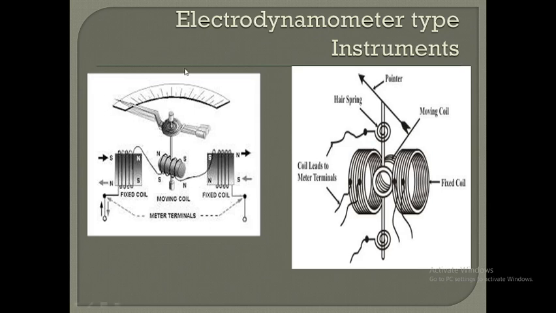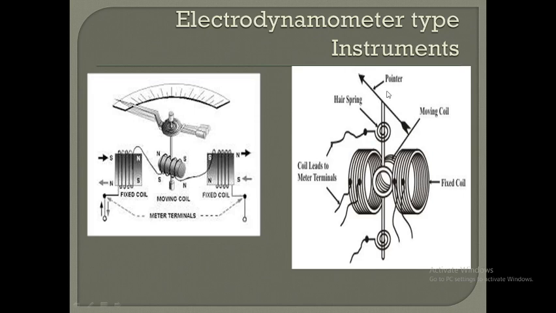The controlling torque will occur opposite to the deflecting torque. As the pointer starts to deflect towards full scale deflection, the controlling torque occurs on the opposite side through the springs, which try to bring it to the desired position so that the pointer can stay at this position.